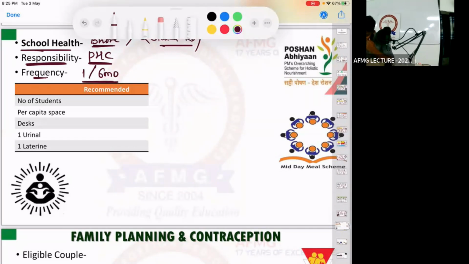Now, according to the school health recommendations that they gave, the number of students in a single class should be less than... The per capita space for each child should be more than 10 square feet. Desk, most important: the desk should have an overlap between the sitting and writing surface.